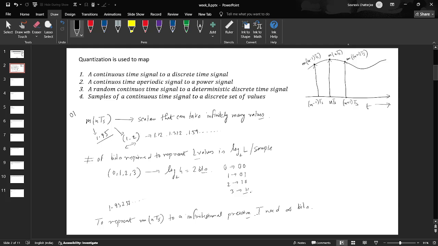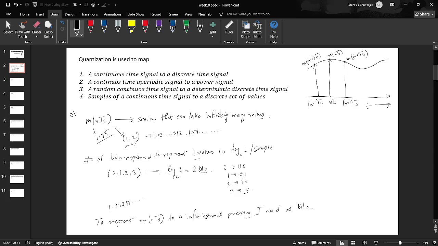So this is the underlying phenomenon that is happening. Two important things: this is a scalar value, the value sampled at a particular time instant. This value can take any value between 1 and 2, so there are infinitely many values.